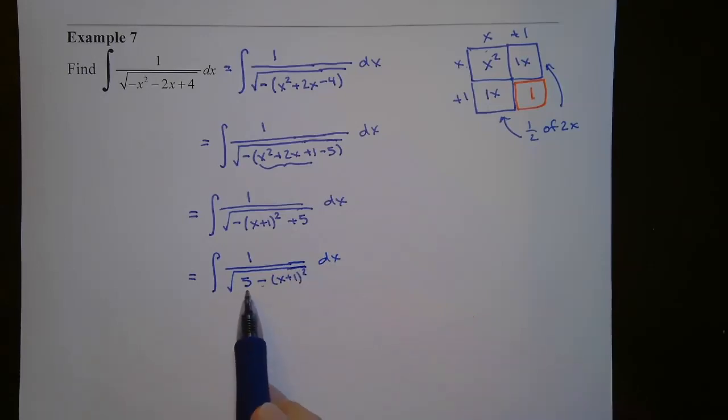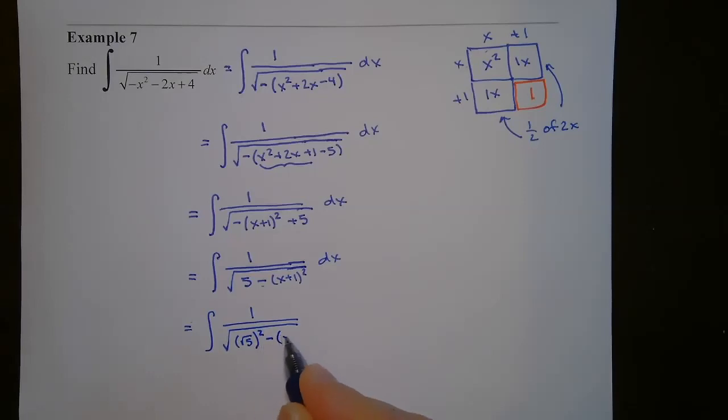Okay, now this doesn't look like a perfect square, right? 5 is not a perfect square. Well, what would you square to get 5? Well, you'd have to square the square root of 5. So once again, we do this little simple thing: this is 1 over the square root of the square root of 5 squared minus x plus 1 squared.